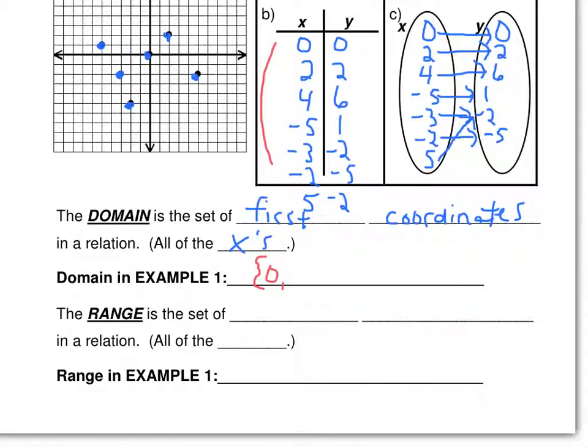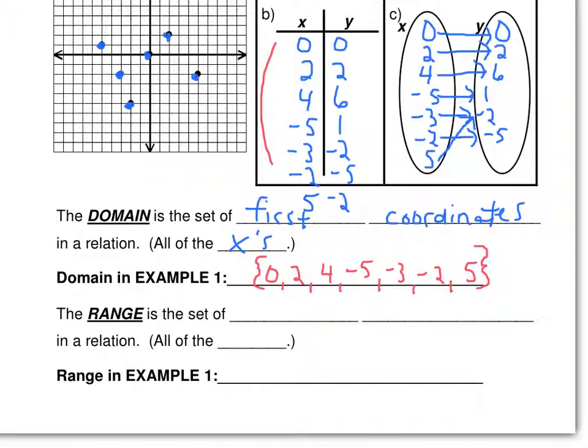So 0, 2, 4, negative 5, negative 3, negative 2, and 5. So you're listing all of your x values. And you don't repeat them if you have more than one.